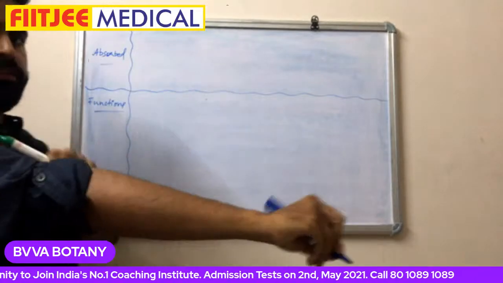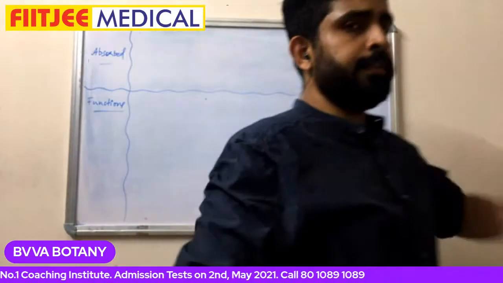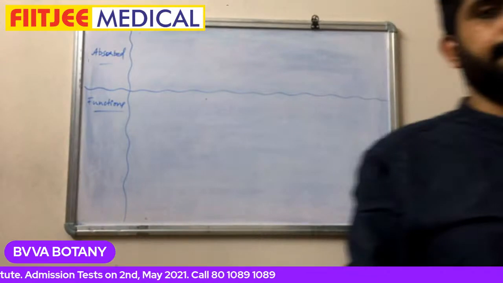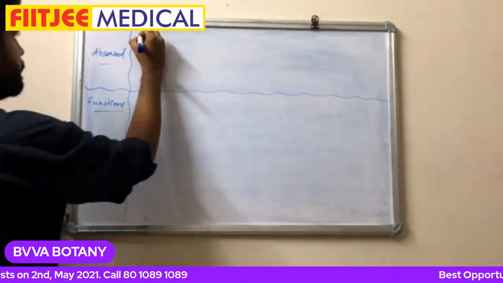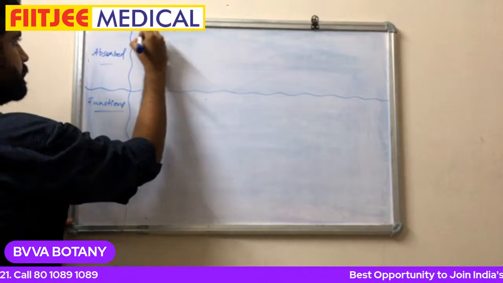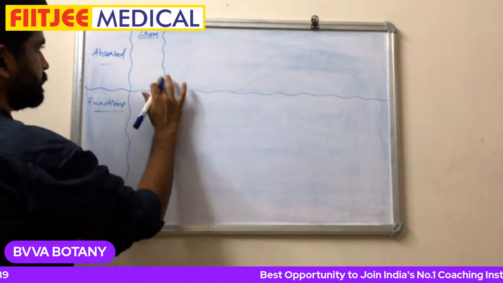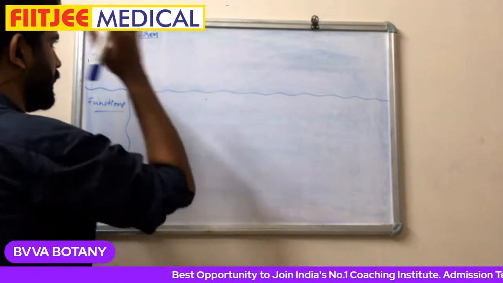The absorbed form and the functions we will take. So first one we are going to take is iron.